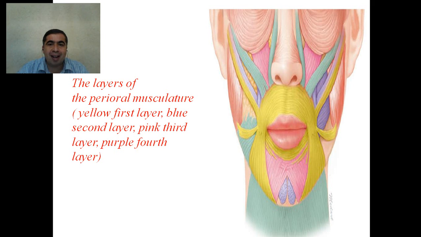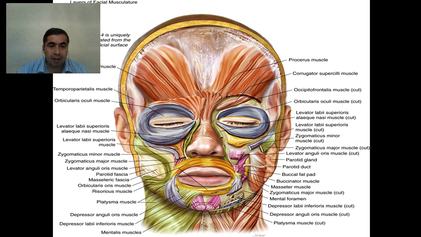Even the underlying, the skinny muscles, topographically, they form the 4 layers for the face. Again, in this picture, you are looking at layer 1, layer 2, layer 3, and layer 4. By studying this picture, because it's your future subject, your future job, the plastic surgeon, you have to study topographic anatomy very well.